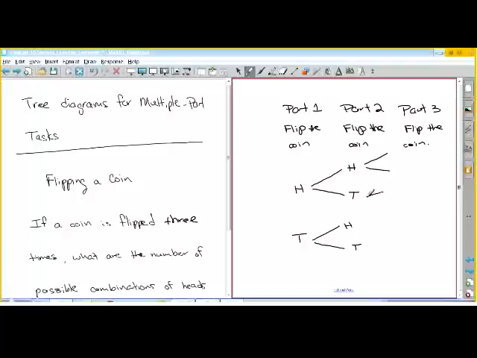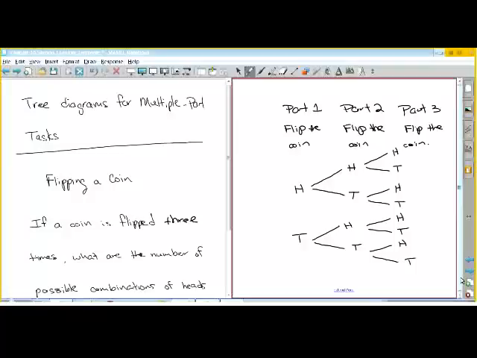And then you go one more step. When I flip the coin the third time, again, the only 2 options I have are heads or tails. So following each branch, I branch out with 2 additional choices: heads, tails, heads, tails, heads, tails, heads, tails.